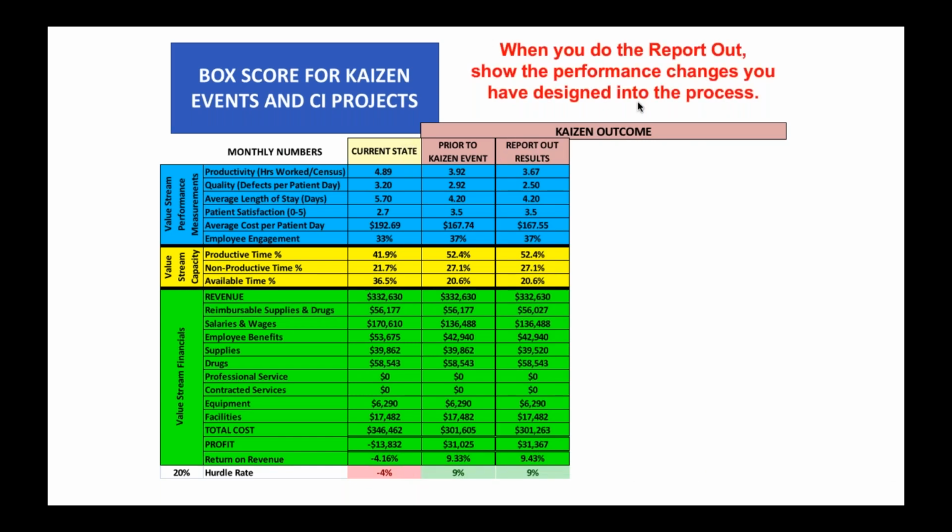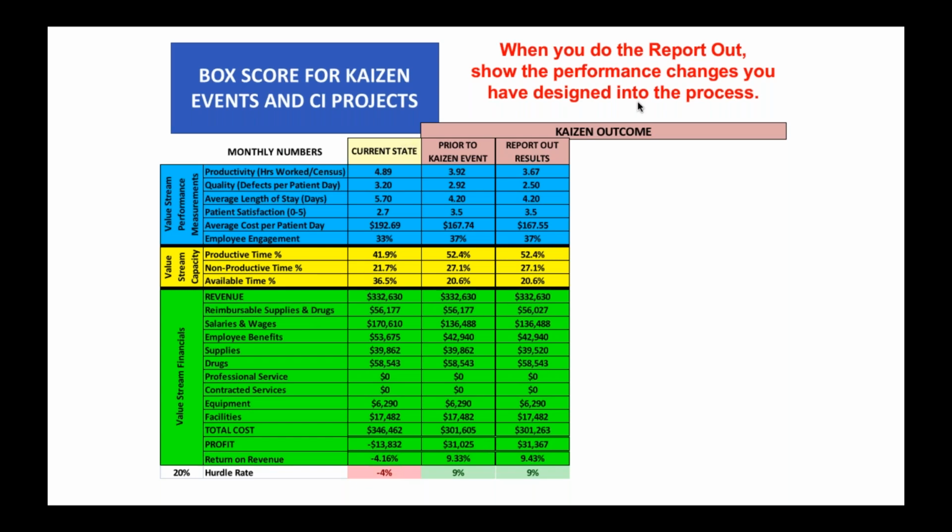Incorporating the box score into the report out is very, very good. And the reason is that it quantifies what the team did. Many times when you do report outs, it's very difficult for people who were not involved in the event or maybe don't work in the value stream or the process to understand what goes on in the process.